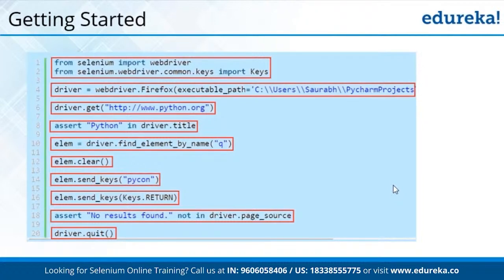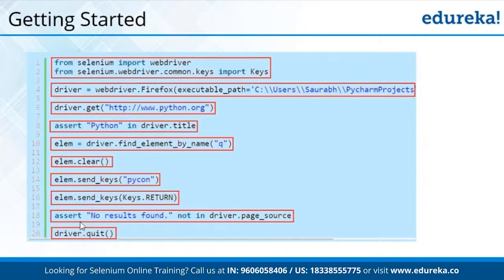First, make sure that it is clear by the .clear command, and then you type in using send_keys and the alphabets that you want to type. So elem.send_keys Python, right? That's what we are trying to search in the Google search.